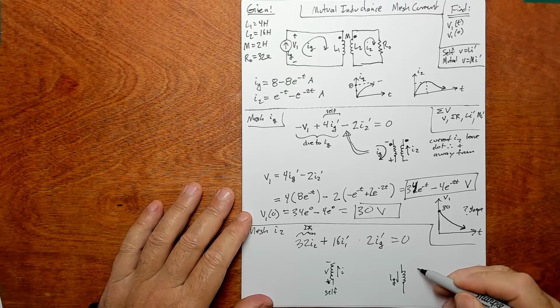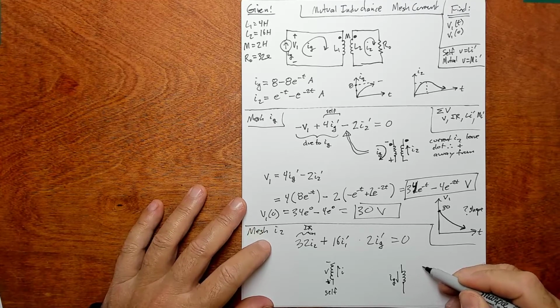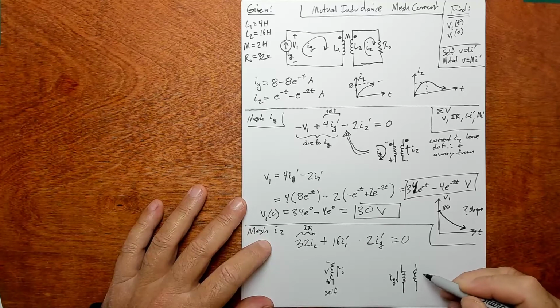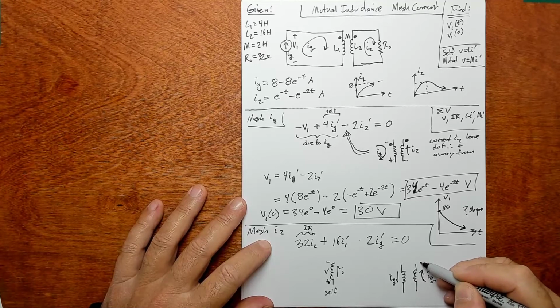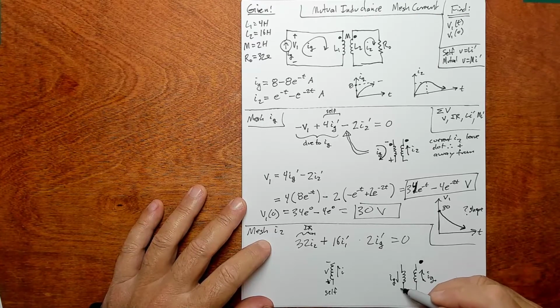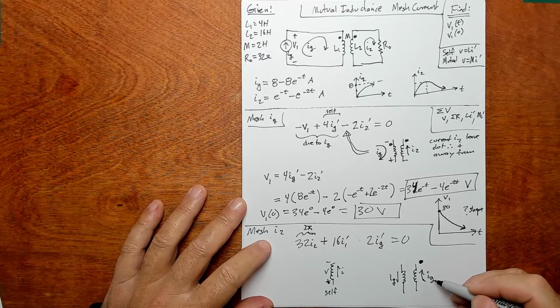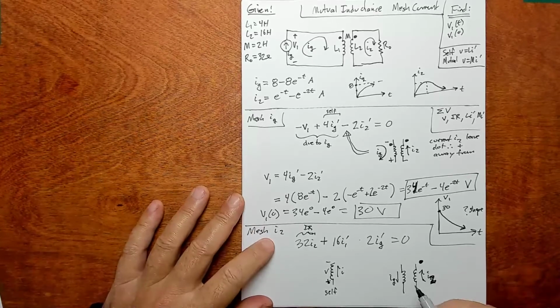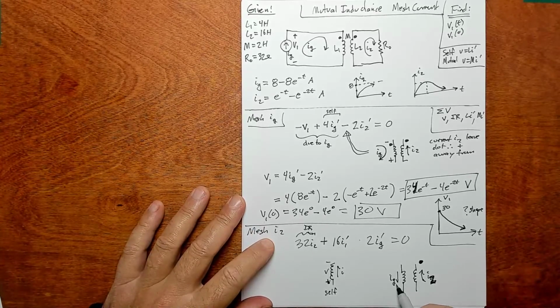Actually, we're writing the I2 loop, sorry. It's going that way, and we're leaving the dot here. We're writing the I2 loop, and we're trying to find the voltage induced by Ig.